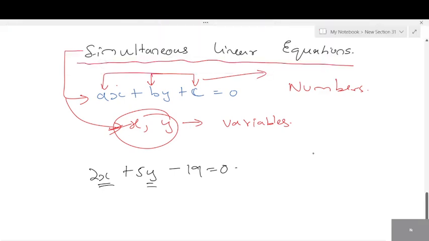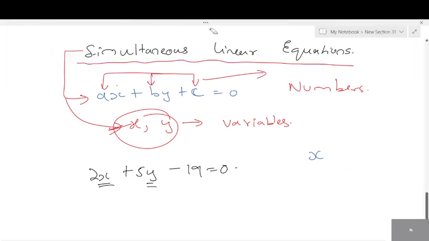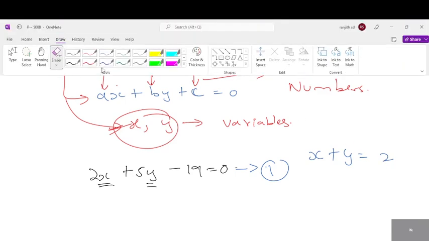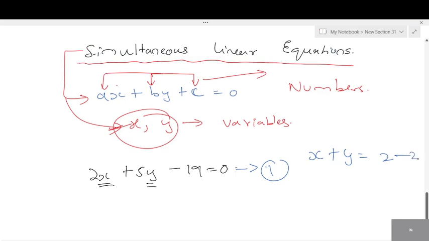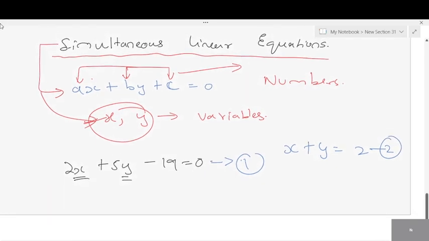The second equation they'll give you like this: x plus y is equals to 2. So in total we have two equations, students. This is the first equation and this is the second equation.